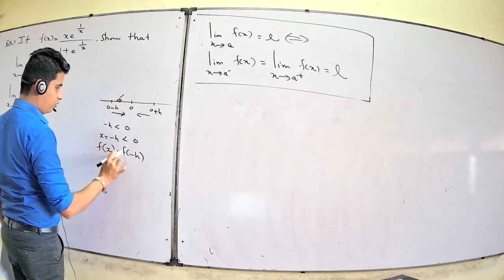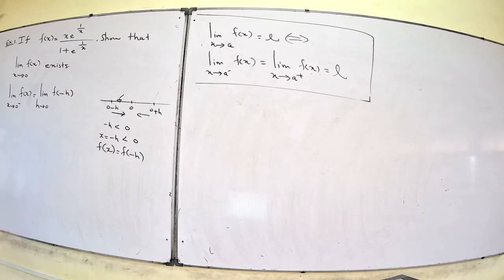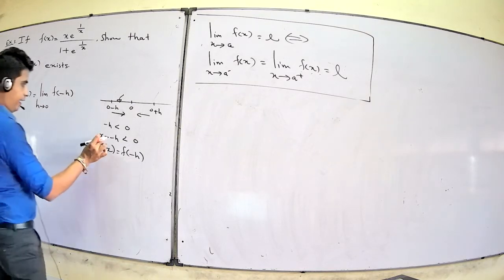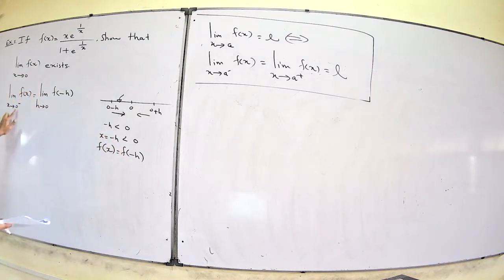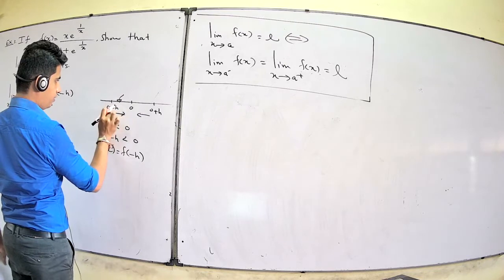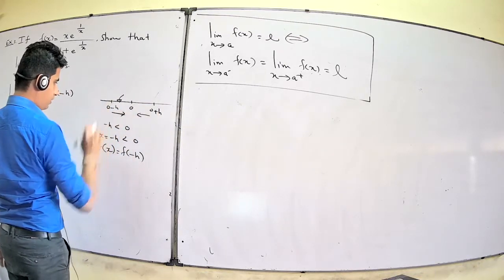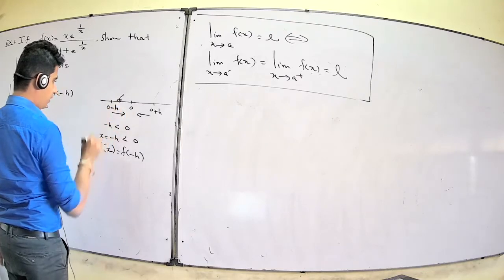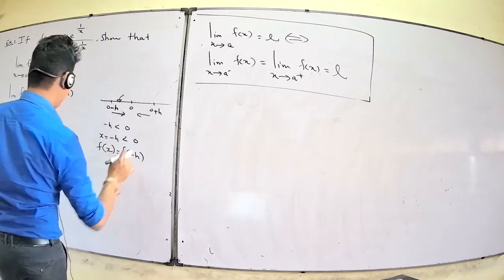Therefore f of x equals f of minus h. x is one of the points because x does not take the value 0 and x is less than 0. For the greater than 0 case, the point is h; for the less than 0 case, the point is minus h. At that point, minus h is less than 0.